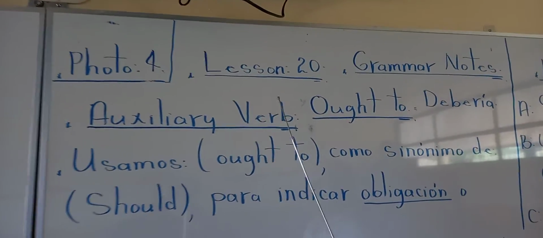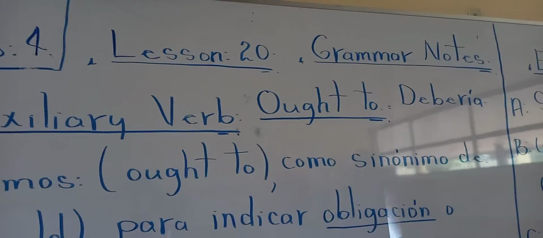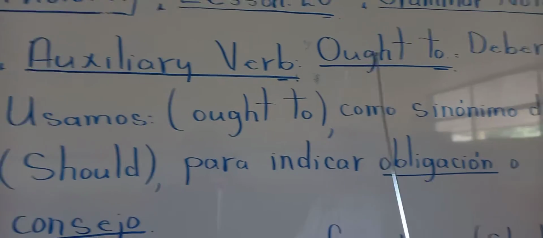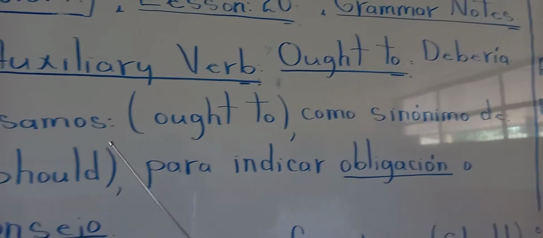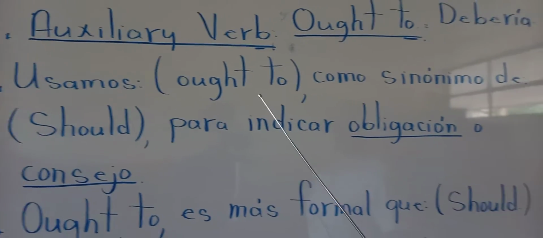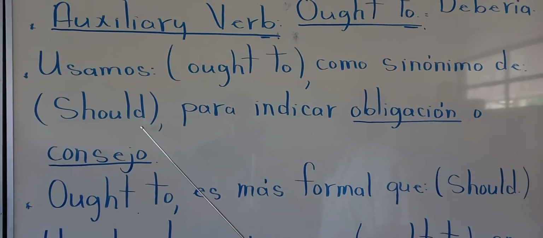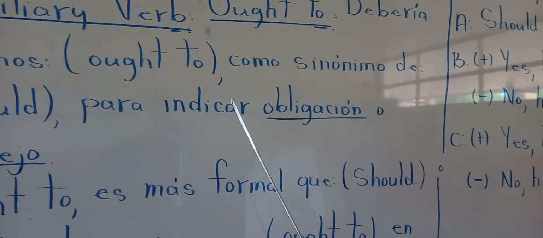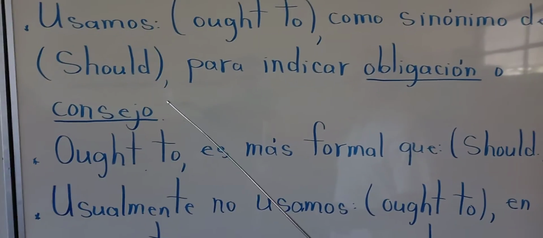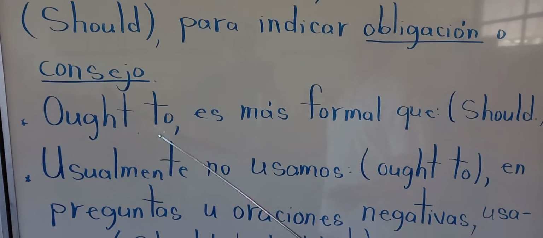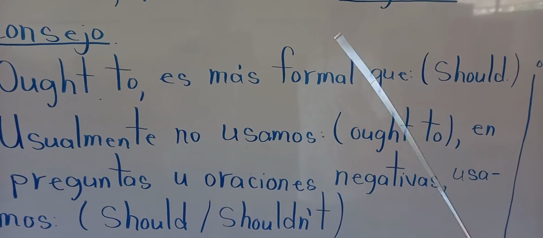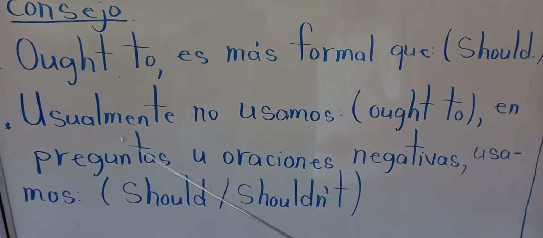Photo 4, lesson 20, grammar notes. Auxiliary verb, ought to. We use ought to as a synonym, or the same way we use should to indicate obligation or advice. Ought to is more formal than should.